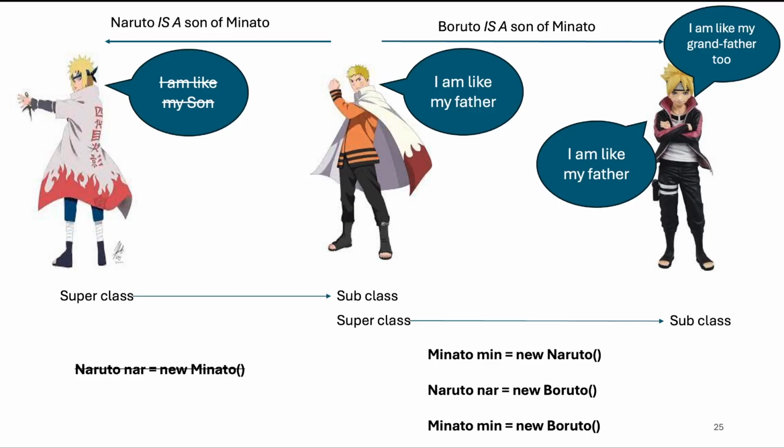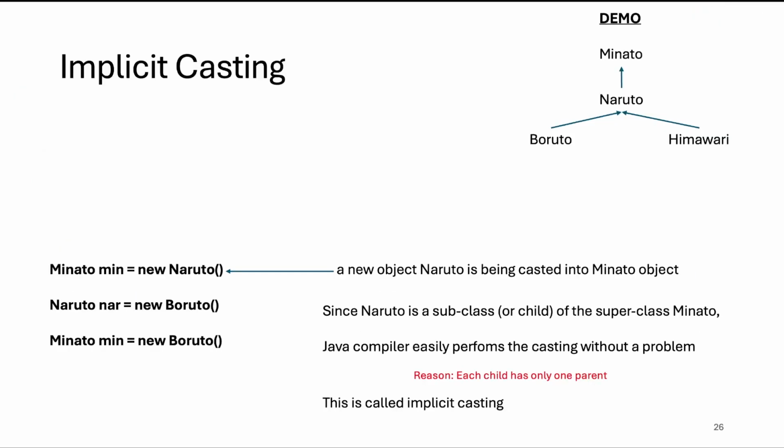Having said that, now let us look at implicit casting. In this case, a Minato object is created. For this object, we are creating a new Naruto object and casting it into the Minato object in this line. So we are creating the object Naruto and then casting it to the Minato.